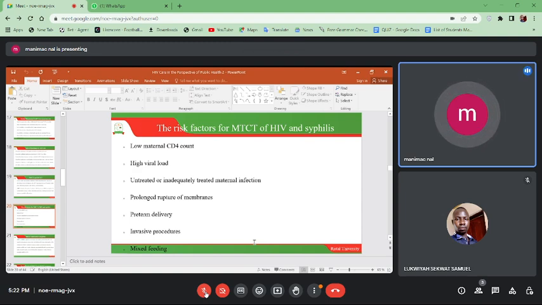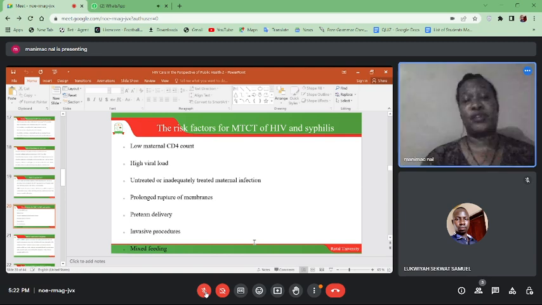Risk factor number one is the lower maternal CD4 count, where we are looking at a mother whose CD4 count is low, as well as a high viral load.